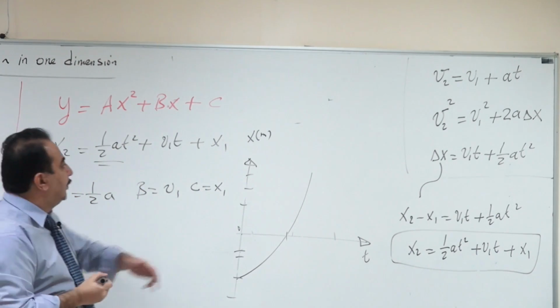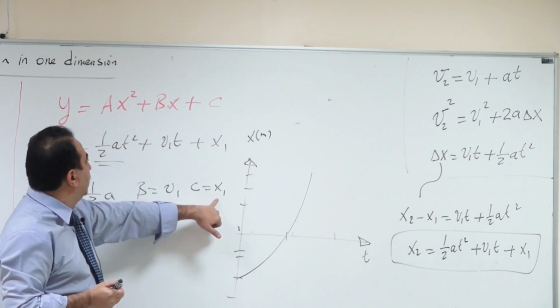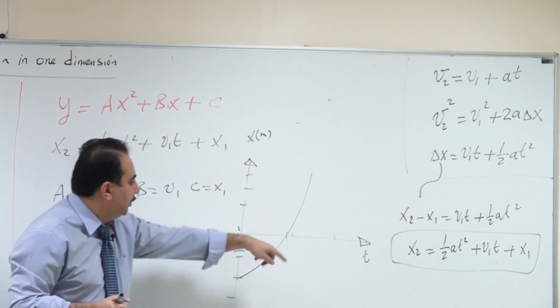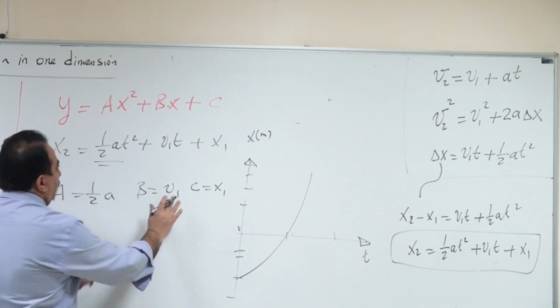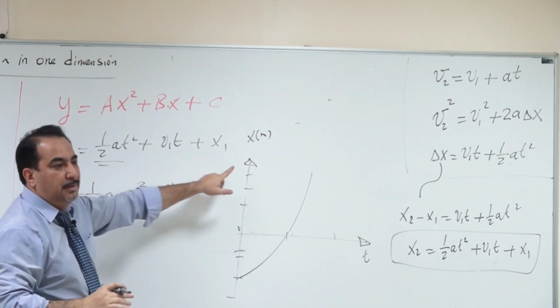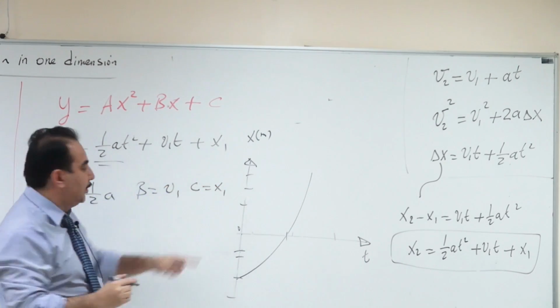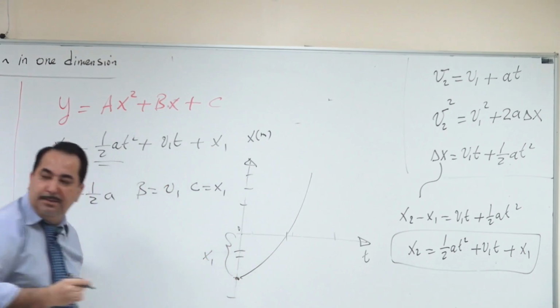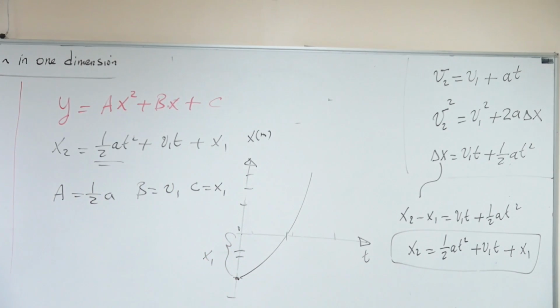Now graphically, I made a mistake, x1 here. What does it mean? When time is 0, what is x? X initial. So this is x1. The y-intercept in the parabola is x1.